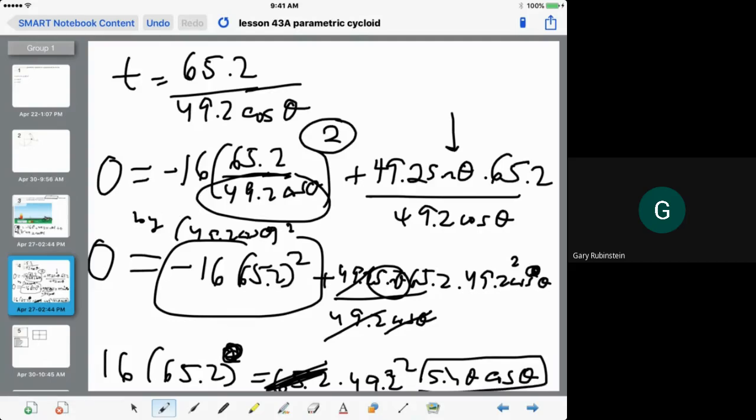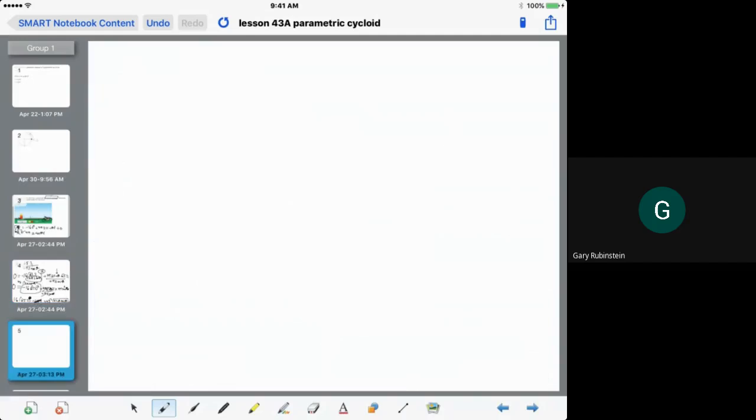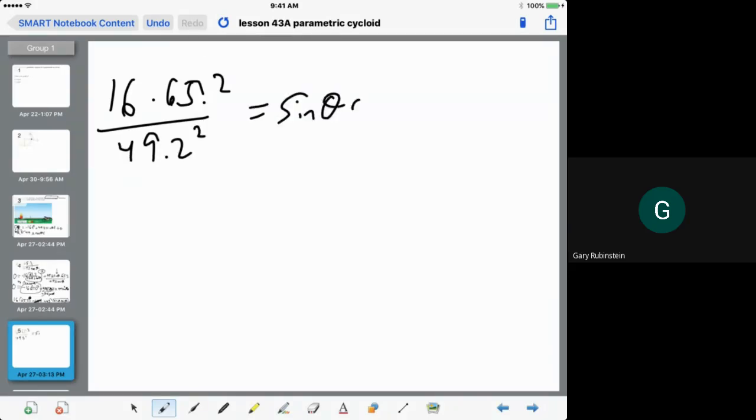But let's see what ends up happening next. I divide both sides, so I end up with 16 times 65.2 over 49.2 squared equals sine theta cosine theta. And this becomes 0.43096 equals sine theta cosine theta.